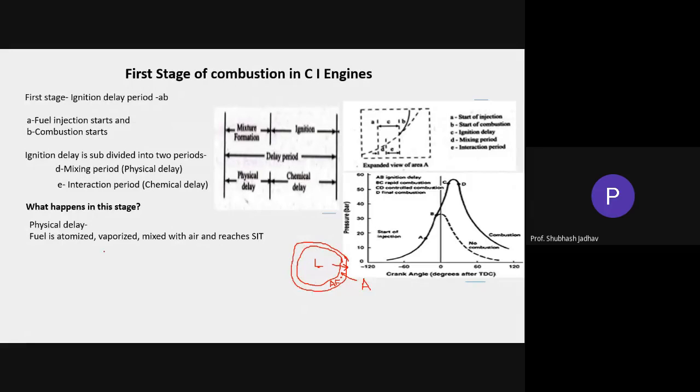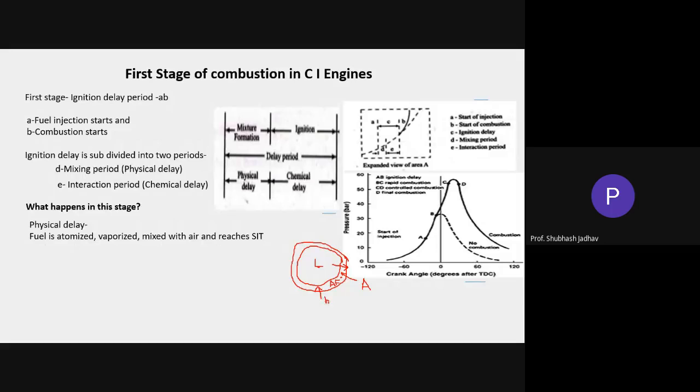Okay, so fuel is atomized when the fuel comes in from the nozzle hole. Then the droplet is going to vaporize, so here the vapor is going to form and mix with air. In order to form vapor, it has to absorb heat. So first it will be absorbing heat, correct?